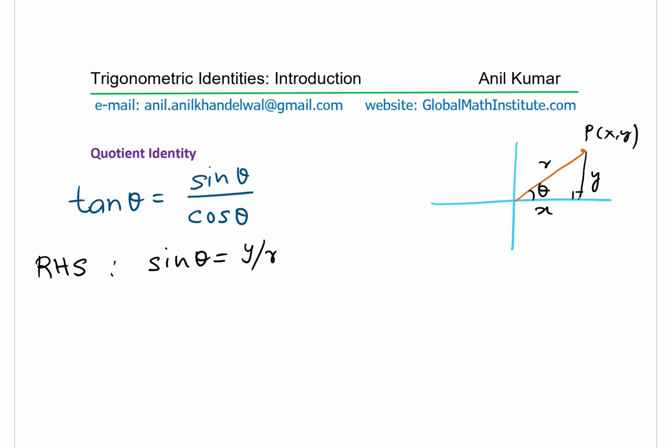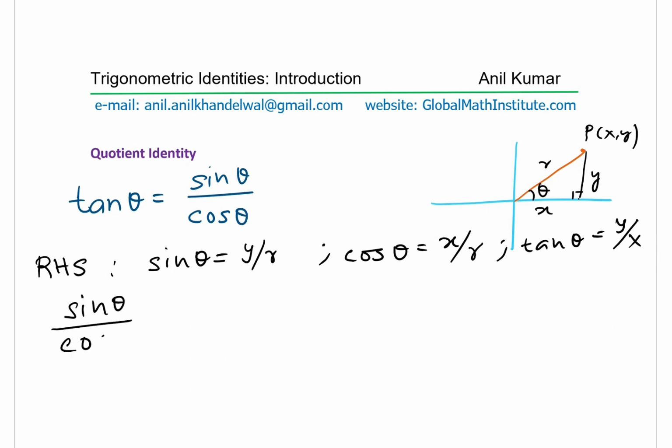And what is cos theta? Cos theta is x over r. What is tan theta? Tan theta is y over x. Correct?